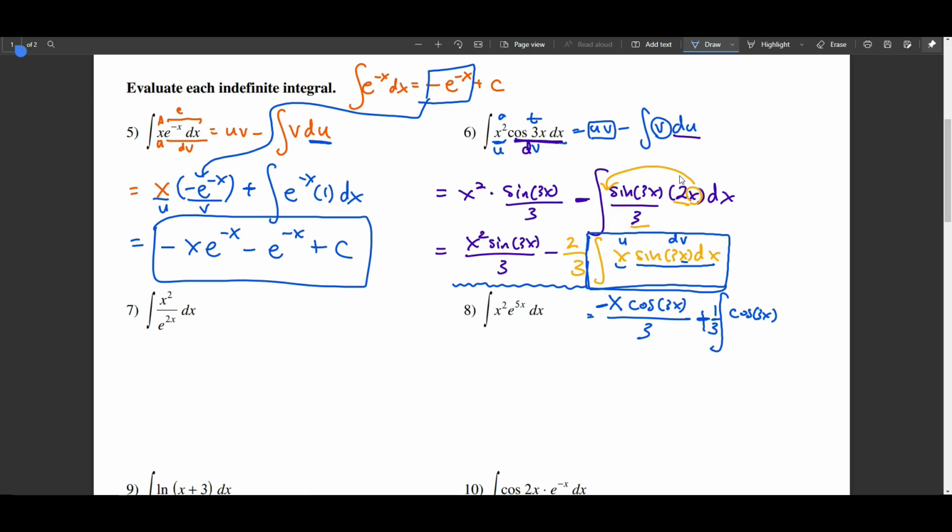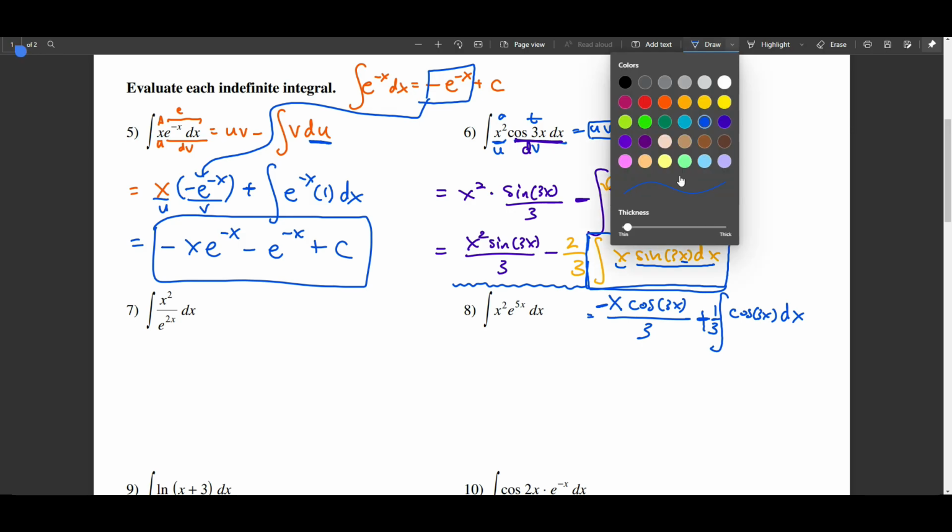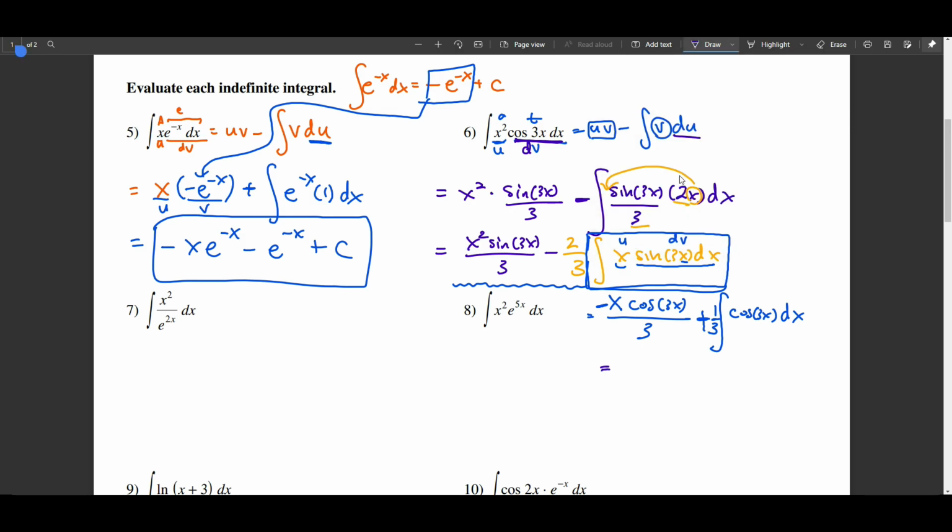Because our u is x, if we differentiate that, that's going to be our 1 dx. So I'm just going to put dx there. So finally, we're able to just use our trig integral formula rule to find what that is. So the integral of cosine 3x is going to be positive sine 3x over 3 plus c.